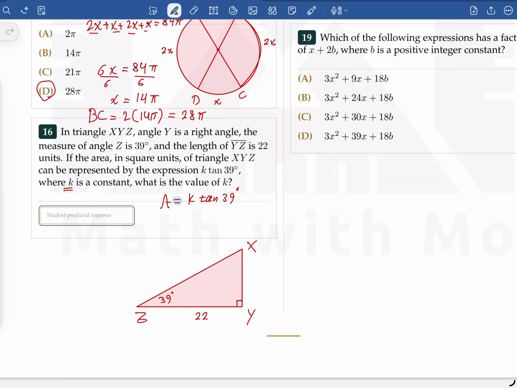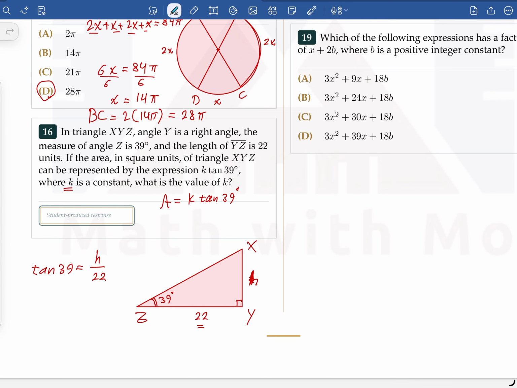If you want to get the K, we need to know the meaning of tan 39. Tan 39 here is the opposite over the adjacent. Let's name the opposite here H, because this is the height of the triangle. So tan 39 is equal to opposite H over 22, which is the adjacent.